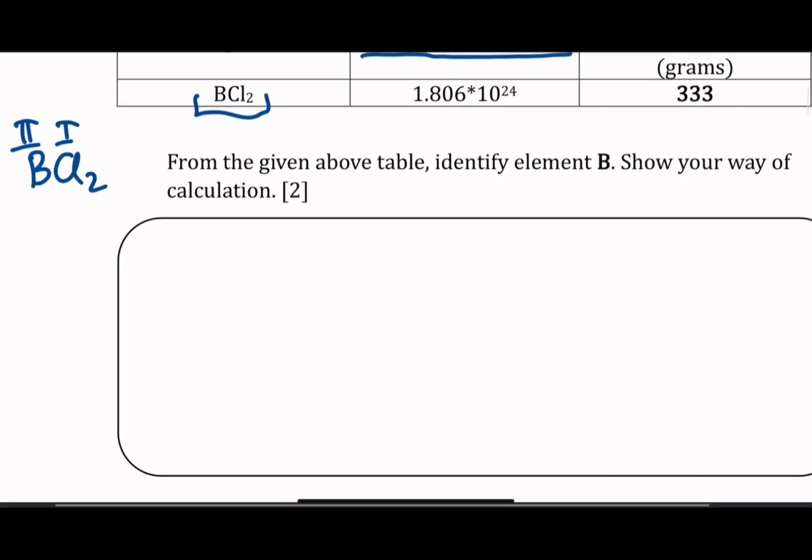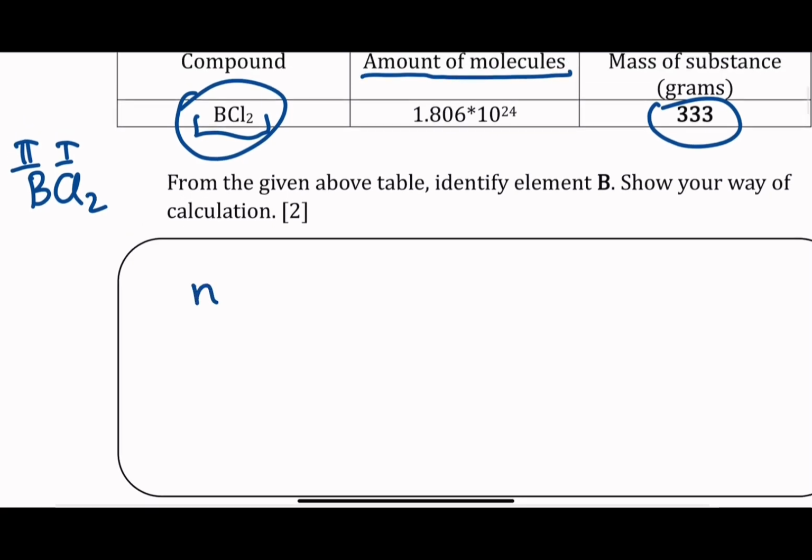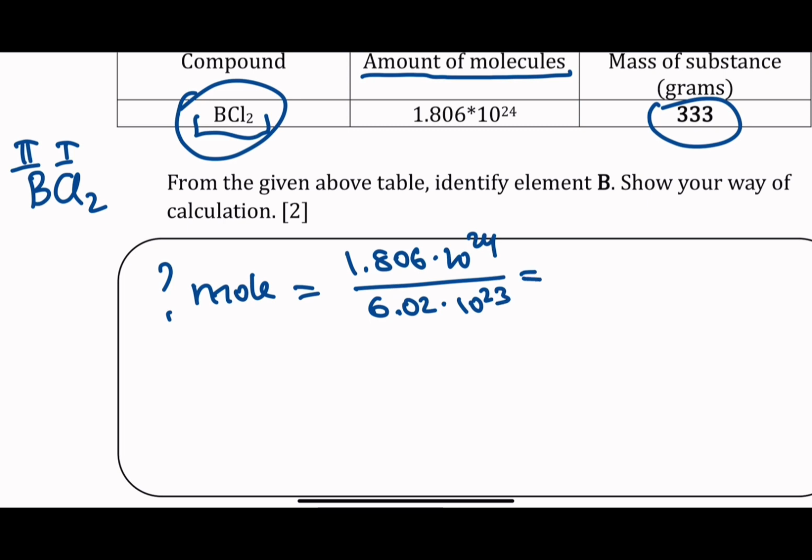So what we need to do is find the moles of this amount, and we're given the number of grams for the corresponding number of moles. So n would be the number of moles. I'm going to say number of moles will be just 1.806 times 10 to the power 24 divided by Avogadro number, and this gives you 3 moles.